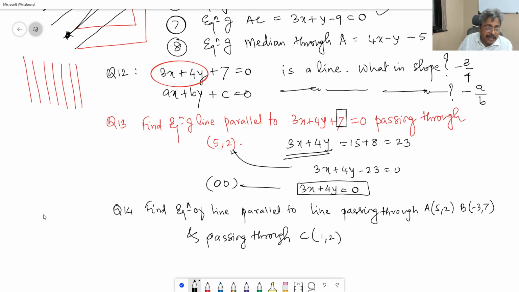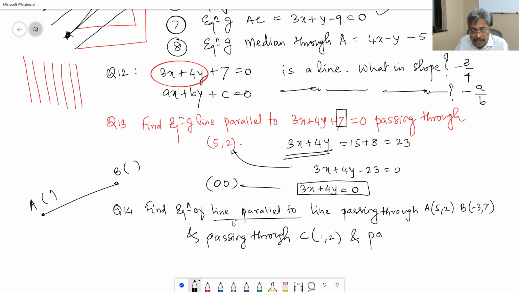What do I mean by this? I have given you A and B, and I want the equation of the line passing through C and parallel to AB. This is C. So I want the equation of this line, and I have given you these 2 points. So it is simple. Find the equation of this line.